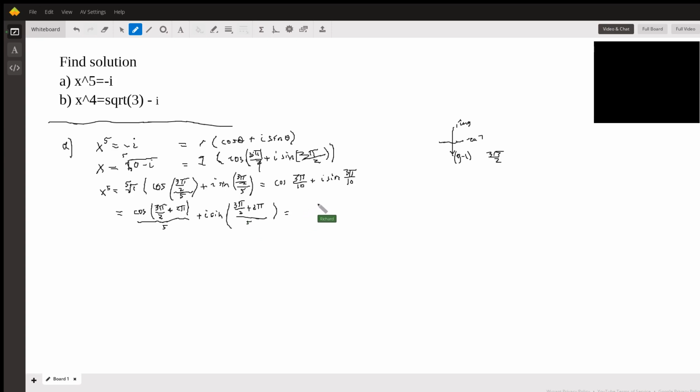So we have to simplify this a bit. To add these together, we need a common denominator. So 2 pi becomes 4 pi over 2, and that's 7 pi over 2. So it's cosine 7 pi over 2 times 5, because we have to take into account the 5, plus i sine of 7 pi over 2 times 5.